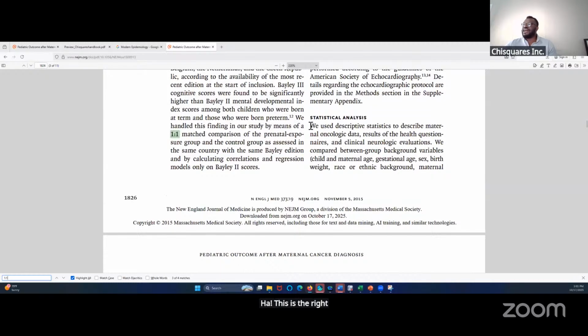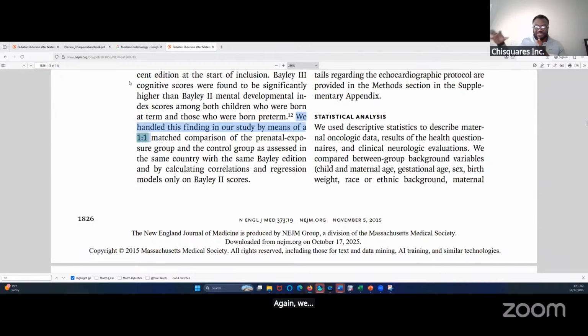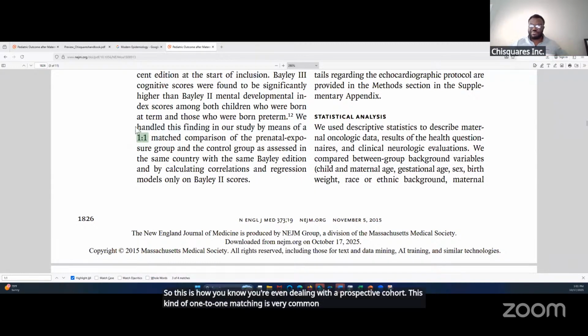So this is how, in cohort studies in general, the problems of case control studies are quite different from problems of cohort studies, especially of prospective nature. Those issues we mentioned yesterday, like issues of discordant pairs, are special problems with case control. So this is how you know you're dealing with a prospective cohort. This kind of one-to-one matching is very common in prospective studies.